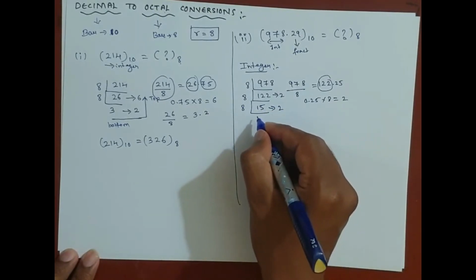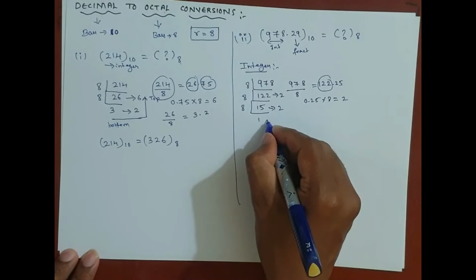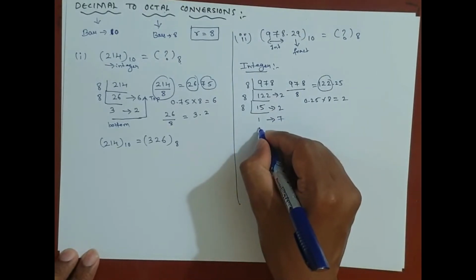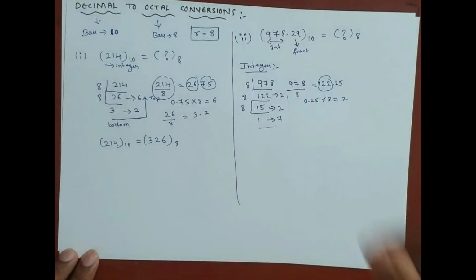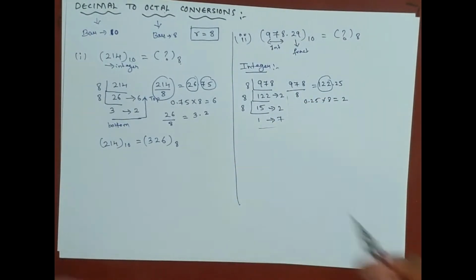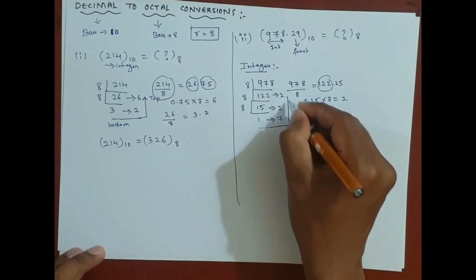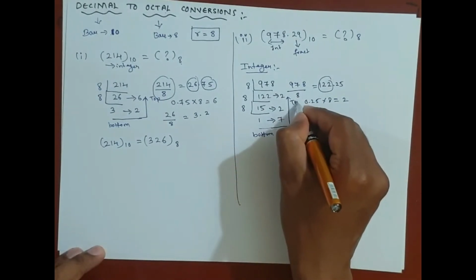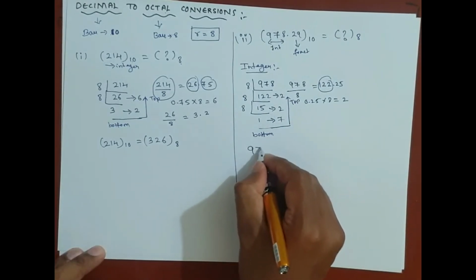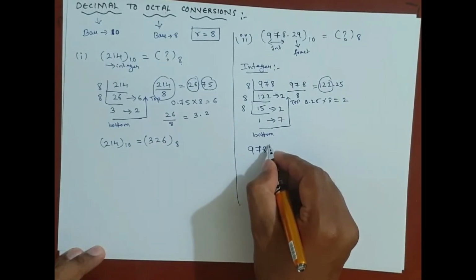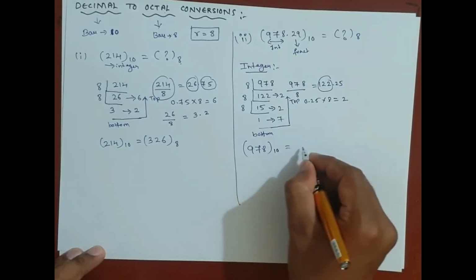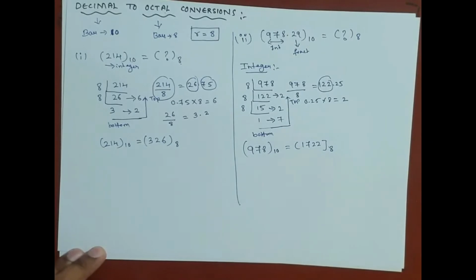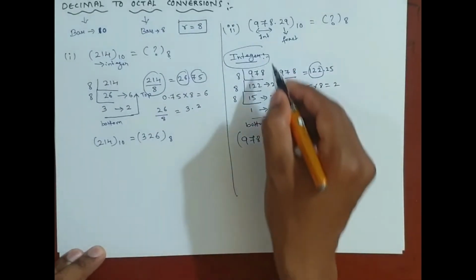Again divide by 8, here it will be 1, the remainder is 7, and the final result is, we have to read from bottom to top. That is 978 to the base of 10 equal to 1722 in octal. So this is about only integer part.